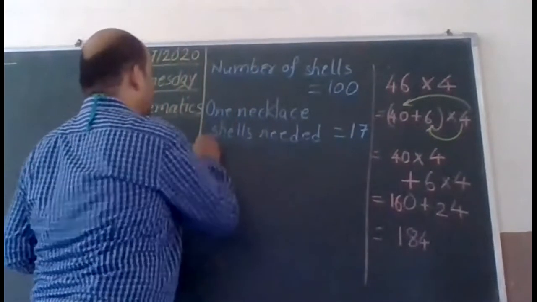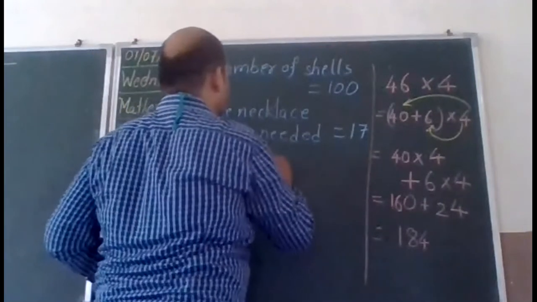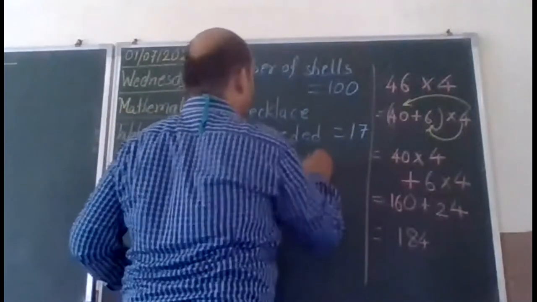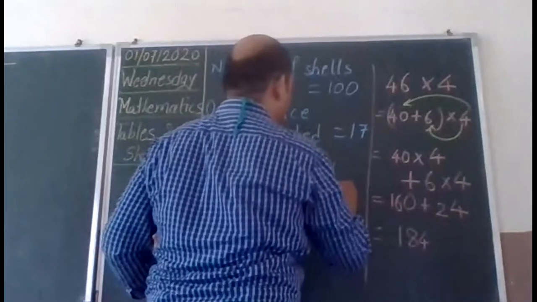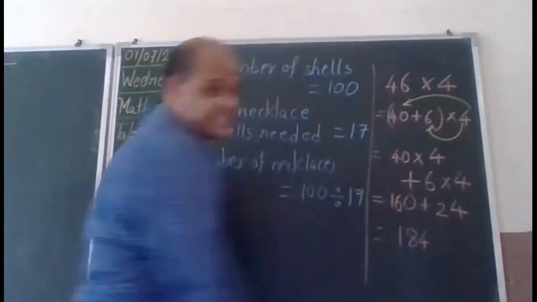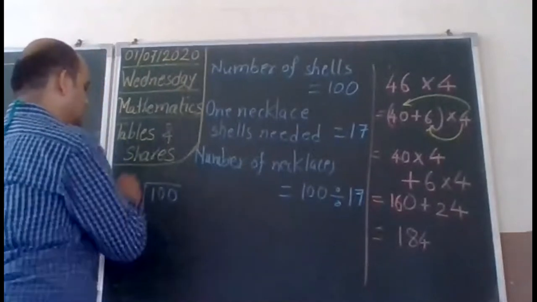So number of necklaces is equal to 100 divided by 17. You do the division. 100 divided by 17.